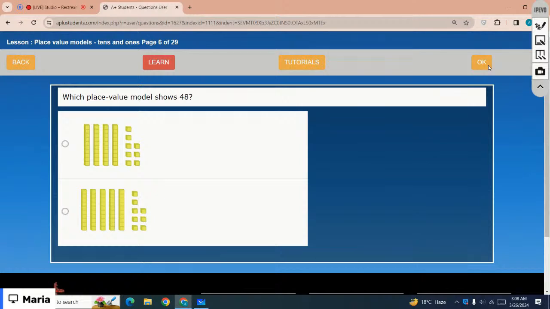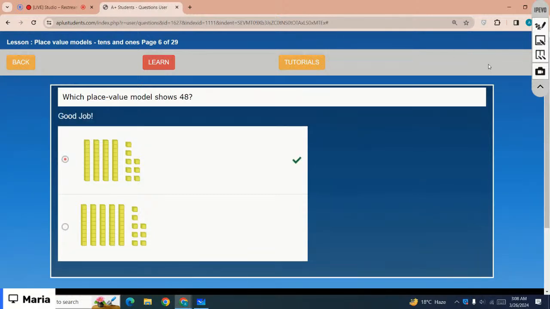You have 8 ones and 4 tens. Option number 1 is the correct option. The number shows 48: you have 8 ones and 4 tens. Option number 1 is the correct option.